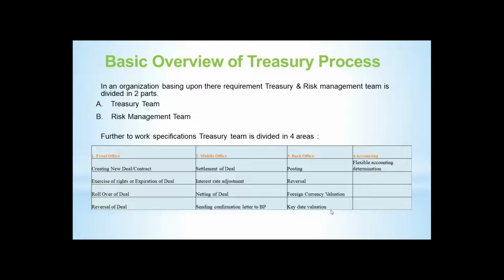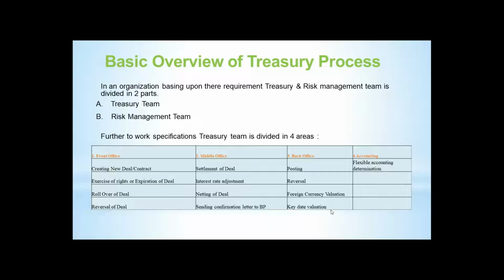Similarly, in the treasury also, it will happen. The structure of the organization is something like that: there would be a front office, a middle office, and a back office. The front office team would, let's say, create the investment deal, and the middle office team will do the validations, checking that whatever you entered in the deal or contract is all fine.